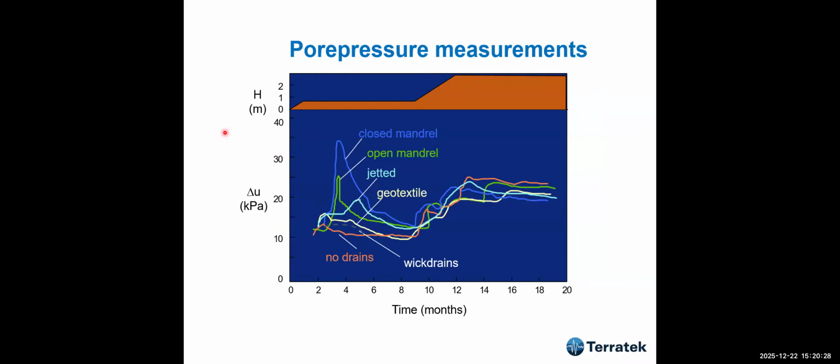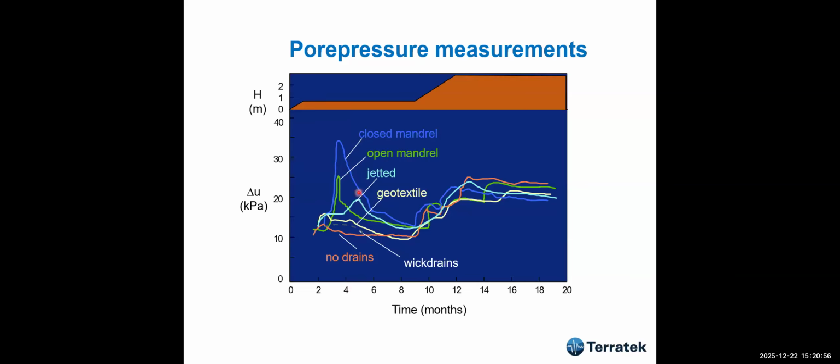I was on site most of the time during this project, and I remember I took these measurements. This is the initial installation of the ground improvement technique, the drains, and the embankment height when it started to go up. This was just the initial layer in order to install the drainage system.